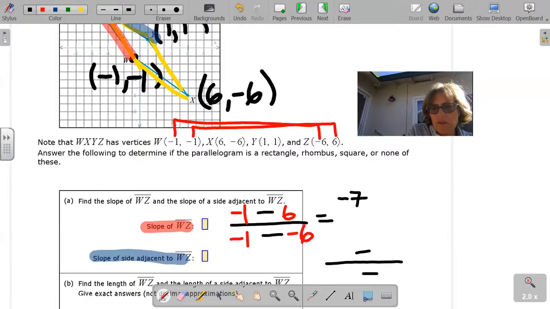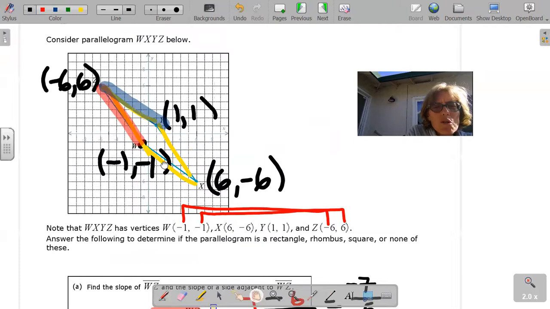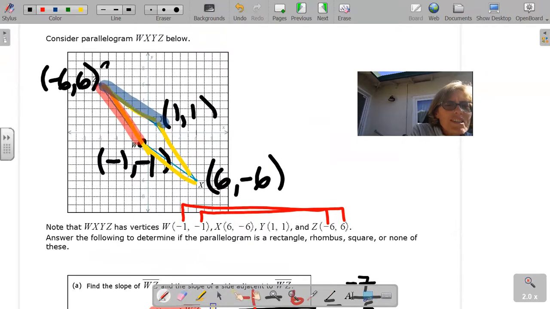This is going to be -7. Double negative makes a positive over 5. So it's -7/5. Then we find the slope adjacent. Adjacent, we are going to do z to y.